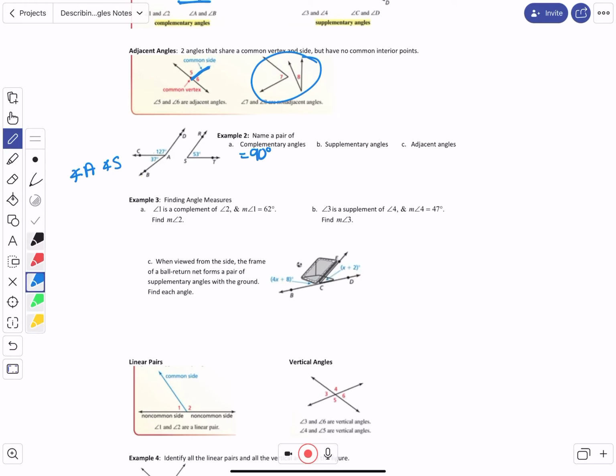So you could name it B, A, C, because that's the way that I drew it without lifting up my pencil. You could also do it C, A, B. So either way is appropriate. So angle B, A, C.